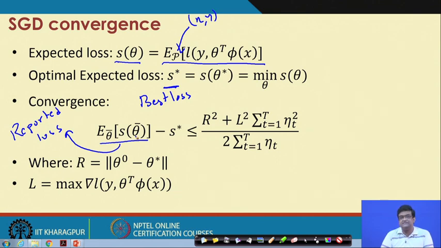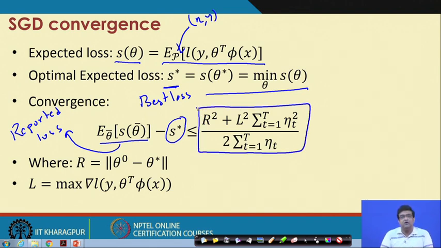And then the question is that if you take expectation with respect to all possible such ways of taking theta bar and everything else, and then calculate the loss, which is this expected loss over the data points, okay, then this difference, so this is going to be the minimum by definition, because this is where it is minimum. So, the difference from the minimum, so this is going to be somewhat bigger than this. The amount by which this is going to be bigger is bounded by this quantity, okay.